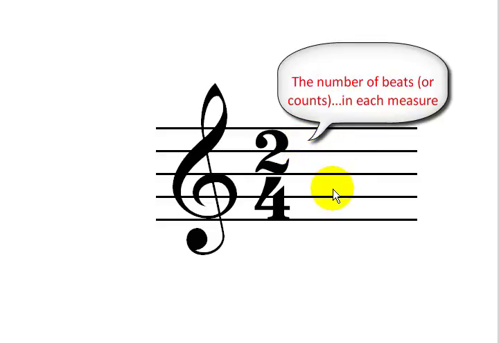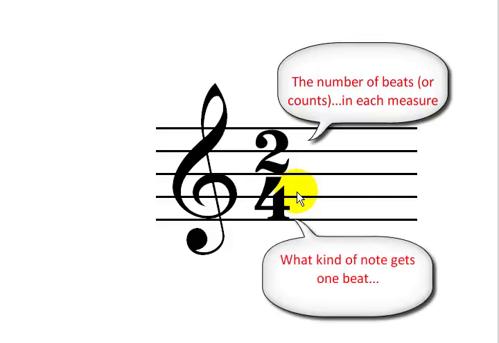Now the bottom number shows what kind of note gets one beat. The bottom number, 4 here, shows what kind of note gets one beat. It's actually the same system as with the 4/4 time signature, but the numbers are different.